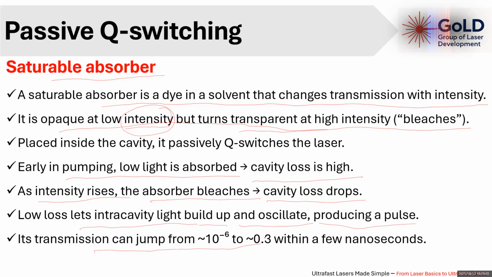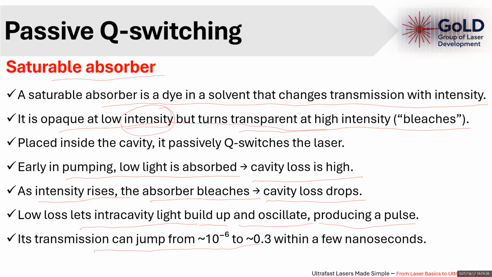It's working very rapidly. In the beginning it's opaque at low intensity, but when the intensity is increased, it lets the light pass through, it bleaches. And this is happening in a very, very short interval of time, nanoseconds.